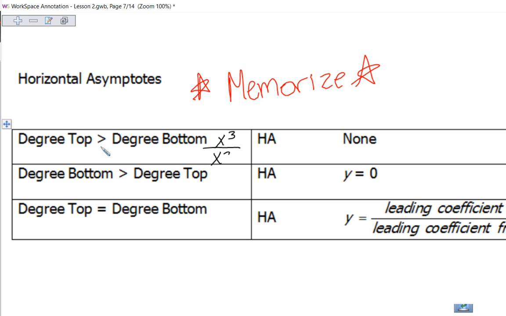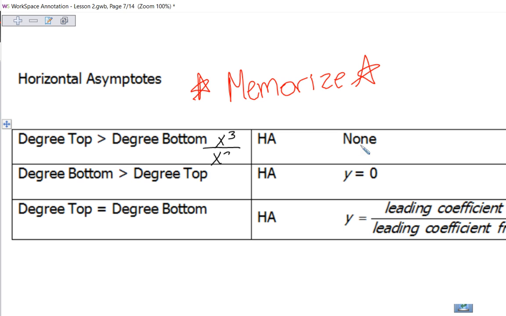So for the top, the power is 3, and the bottom, the power is 2. Notice the top exponent is bigger than the bottom exponent. So when that's the case, you will not have a horizontal asymptote. HA stands for the horizontal asymptote. So if the biggest power is in the top, there won't be a horizontal asymptote.